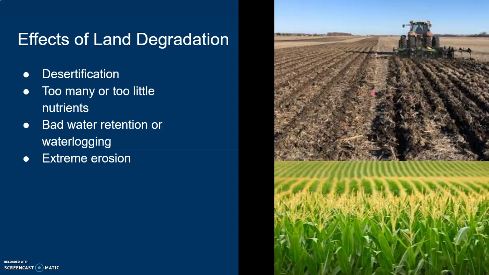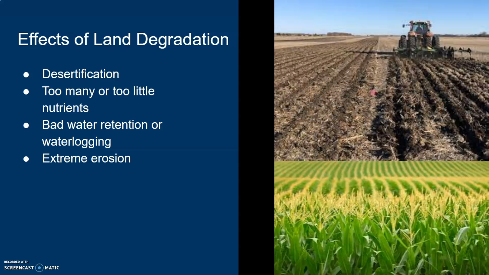Now, this is bad because it not only affects the farm and desertifies that area, it can also seep into nearby woodlots, nearby rivers, causing the same problems further down to other farms and to the environment because this all ends up running down and seeping into the ocean or into lakes, which are hotspots of biodiversity.